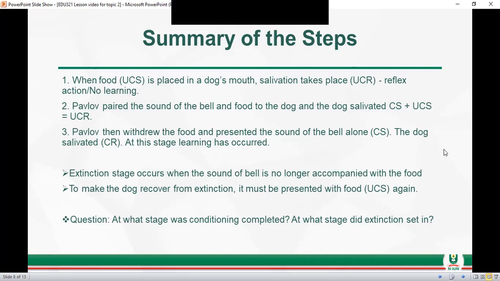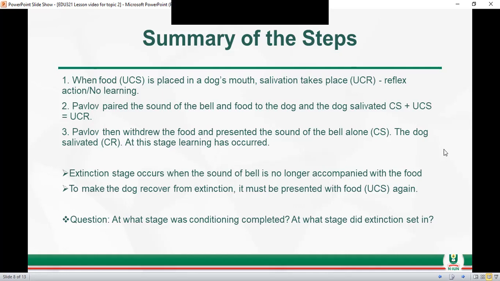And it is at the second phase that the conditioning stage was achieved. Then the third stage, this is just a summary of what we've been describing. At the third stage, Pavlov withdrew the food and presented only the sound of the bell alone. The dog salivated. At this stage, learning has occurred.